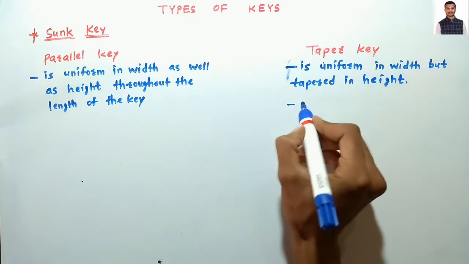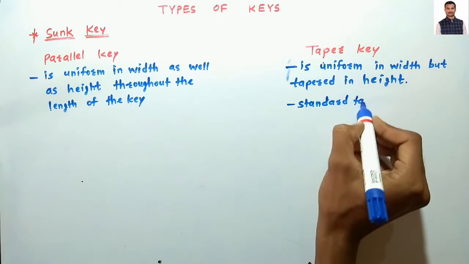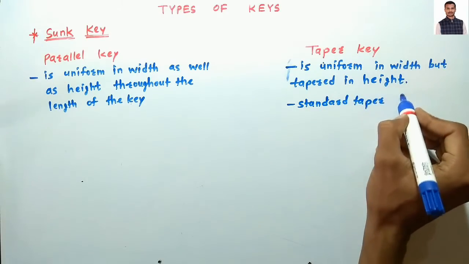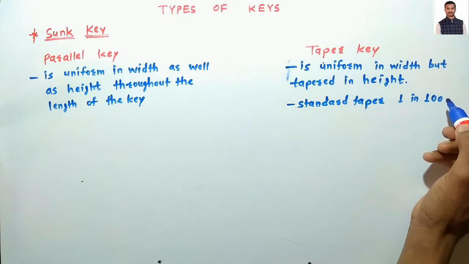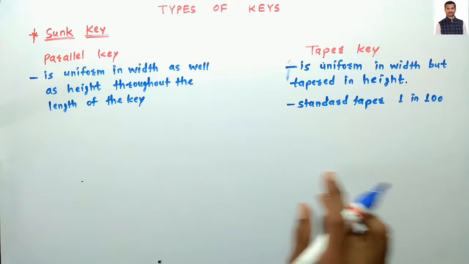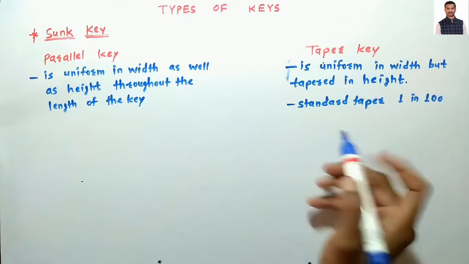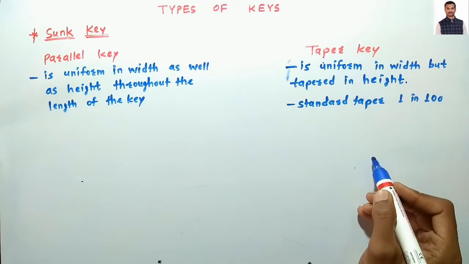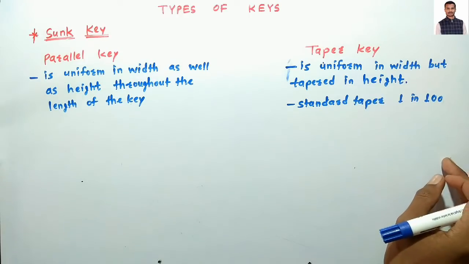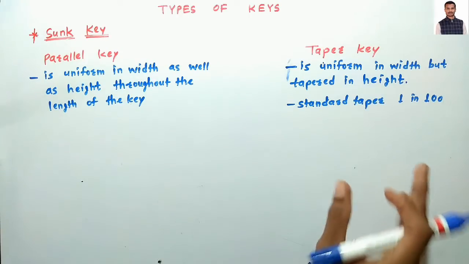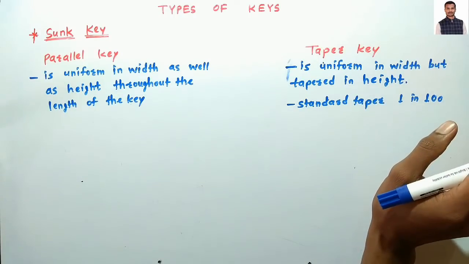Now in taper key, the standard taper is 1 in 100. Means after 100 mm length, 1 mm height is decreased. Then again for 100 mm, again 1 mm height is decreased. So this is the meaning of taper 1 in 100.